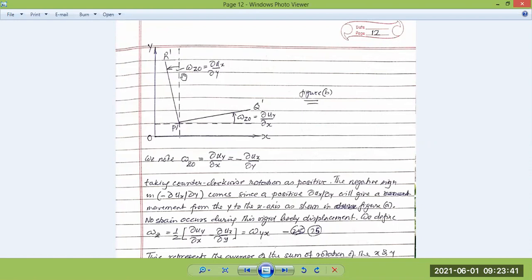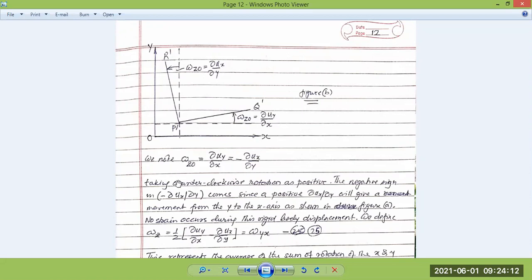So the same term omega depends on delta ux by delta y in one case, and delta uy by delta x in the other direction, but they are supposed to be the same. Both are supposed to be equal due to the rotation like this. There is a counterclockwise rotation taken as positive. Here, this rotation is counterclockwise, and both of them are counterclockwise in nature.